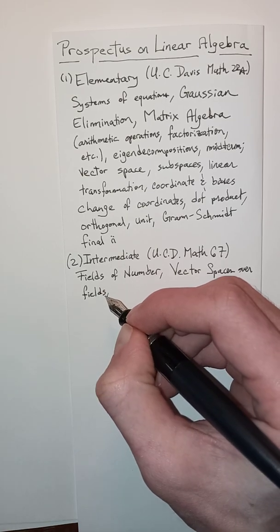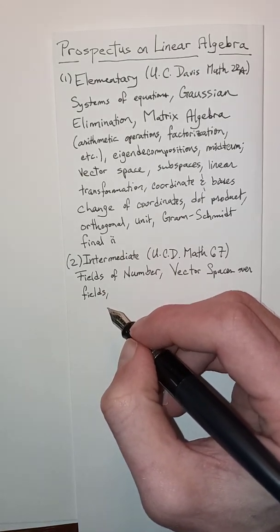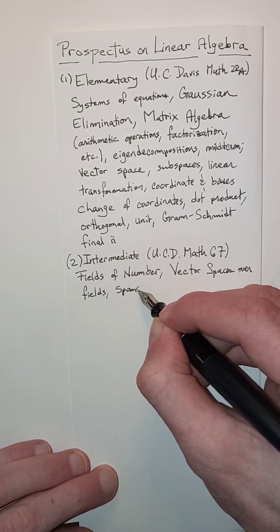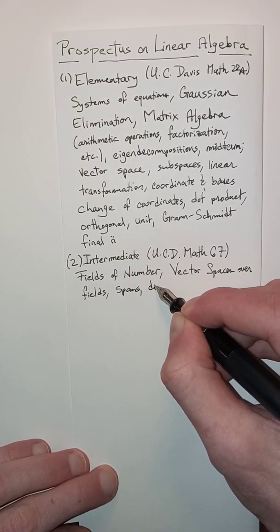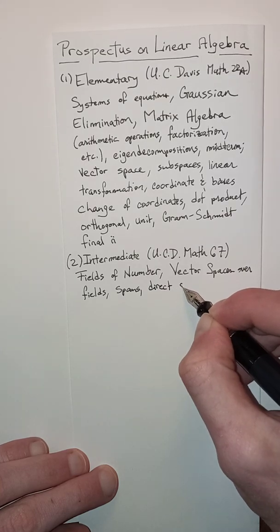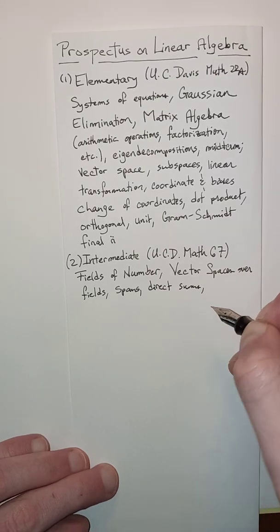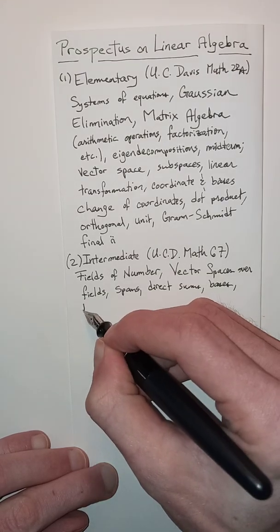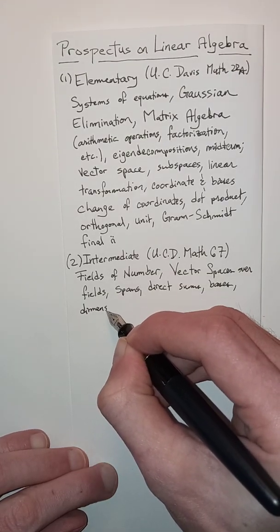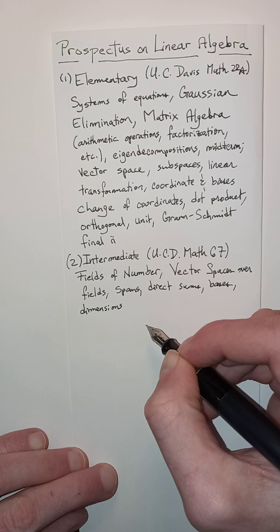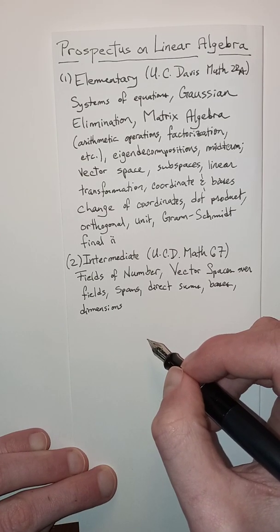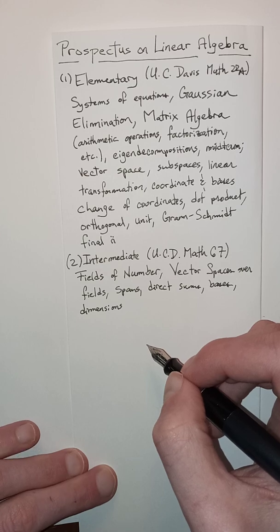We then began talking about spans and direct sums and so on. Bases, dimensions. Usually we restrict attention to finite dimensional vector spaces because the results are just so much nicer.